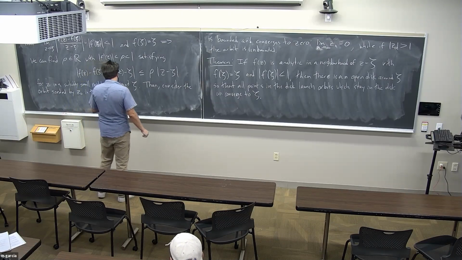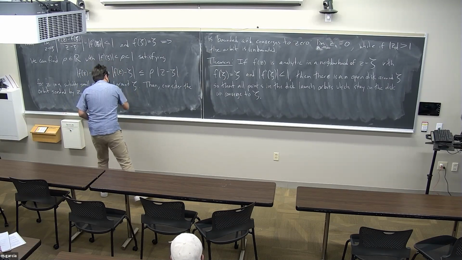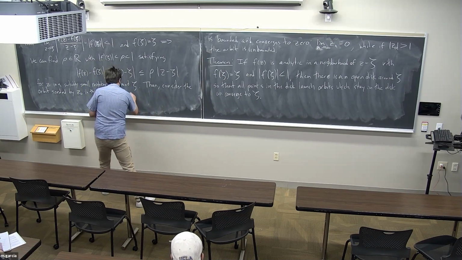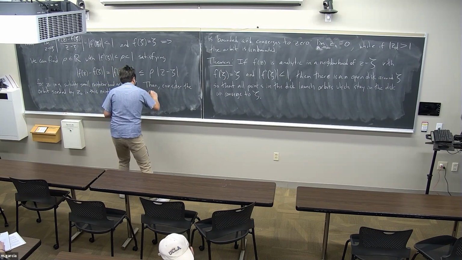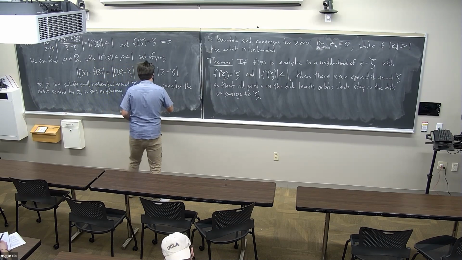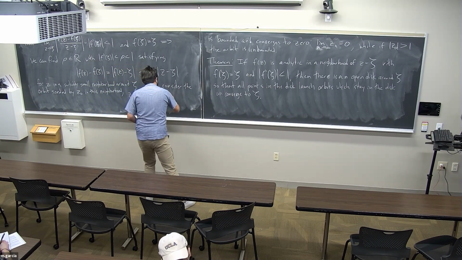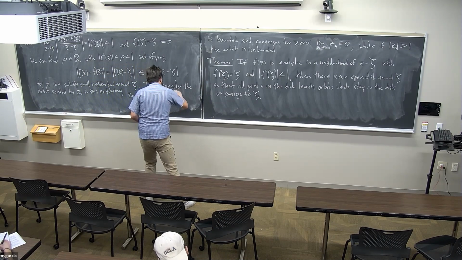Let's write this out explicitly, right? First we get z naught, then we get z1, which is f of z naught, z2 is f of z1.